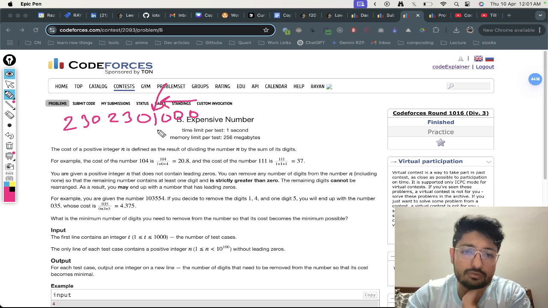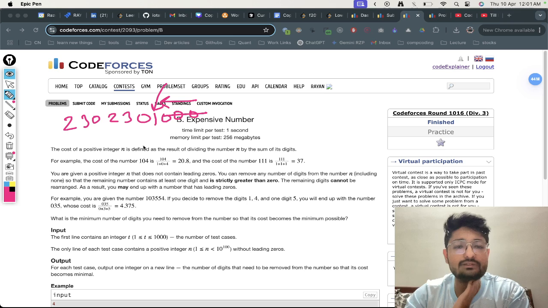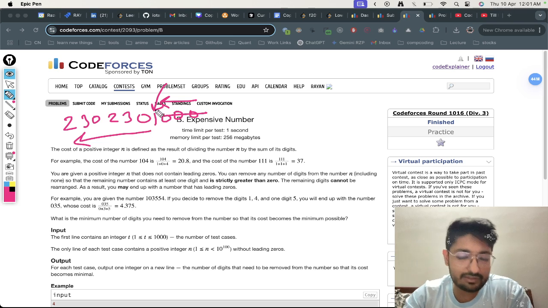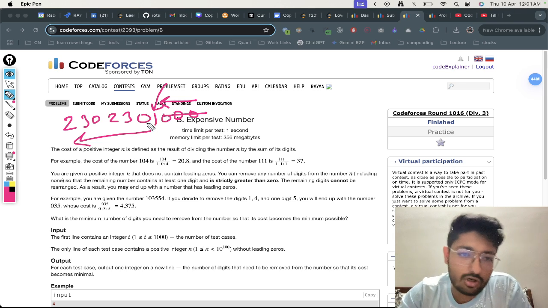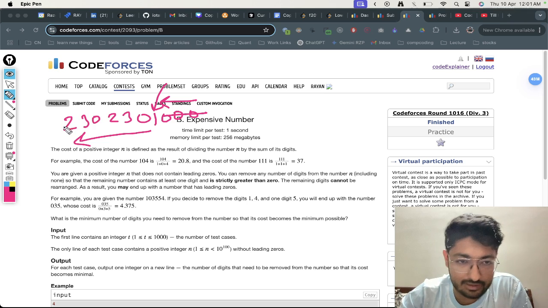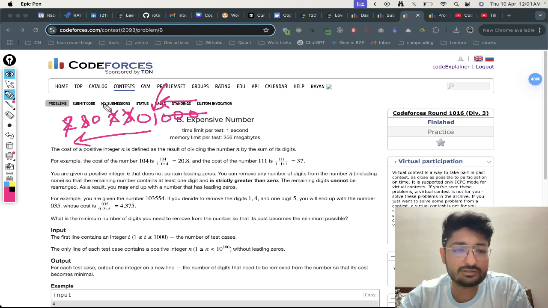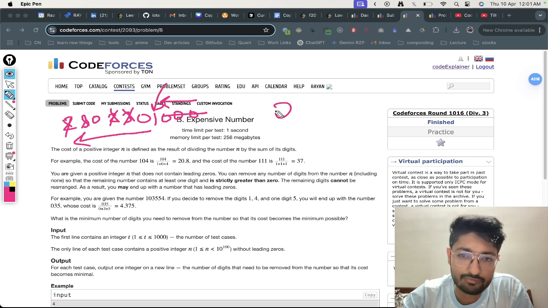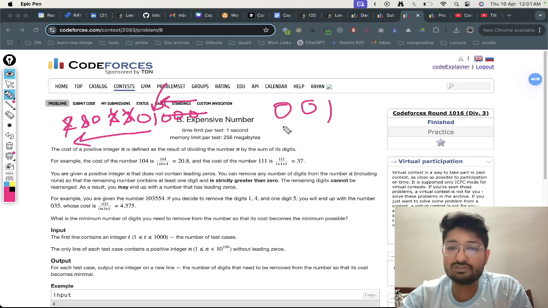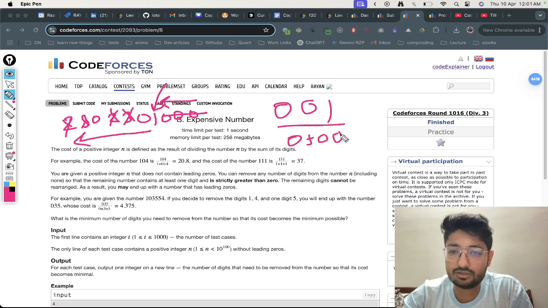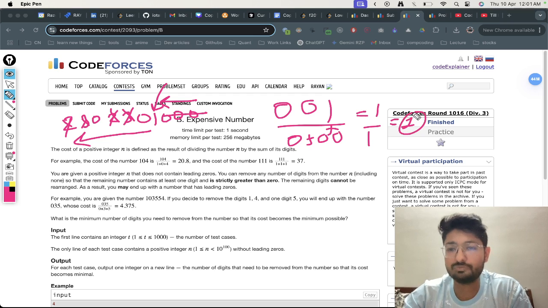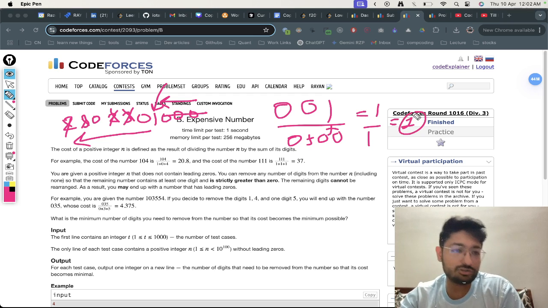I have to delete all these, and when I find the very first non-zero, I have to delete all the non-zeros after it, like this I have to delete, this I have to delete, this I have to delete. Because after deleting all of this, I will be left with 0, 0, 1, which will eventually become 0 plus 0 plus 1, and it doesn't matter. That's why I'm not deleting. Eventually, we have 1 and the cost is minimum. Okay, so that's the complete logic for this particular problem.